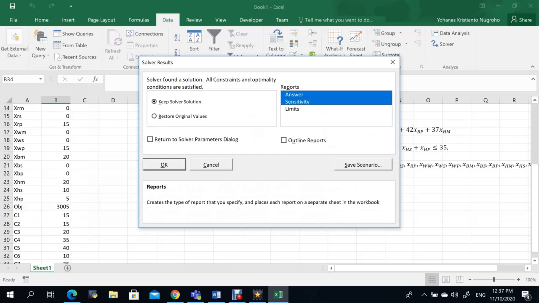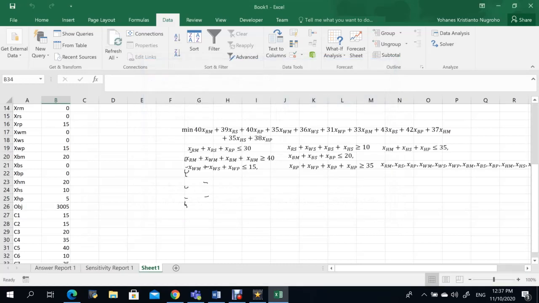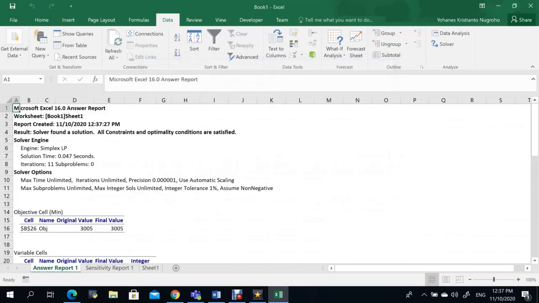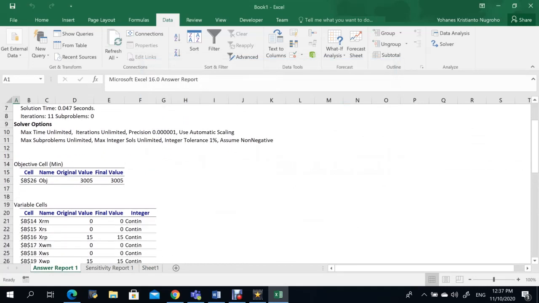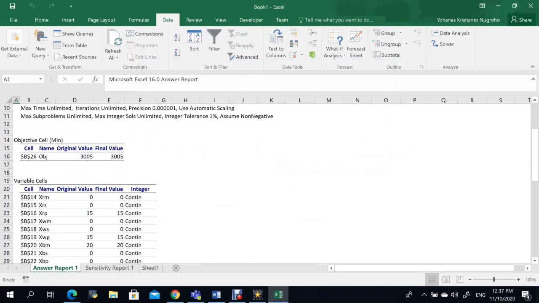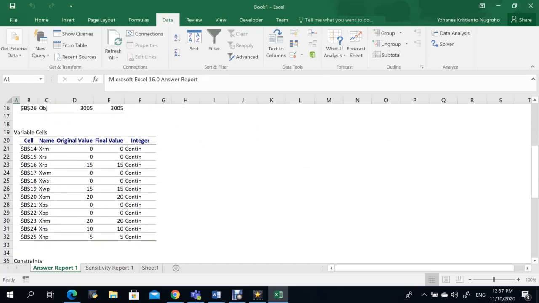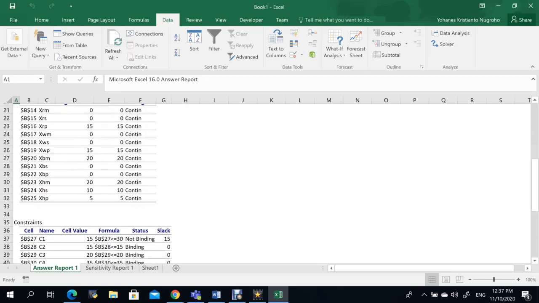Answer and sensitivity. Okay, answer number 1, we have objective function 3005, XRP equal to 15, XPM equal to 20, XWP equal to 15. So we can see here that not all networks are used in the final solution. Only few of them are used, just in order to minimize the cost of transportation, right?